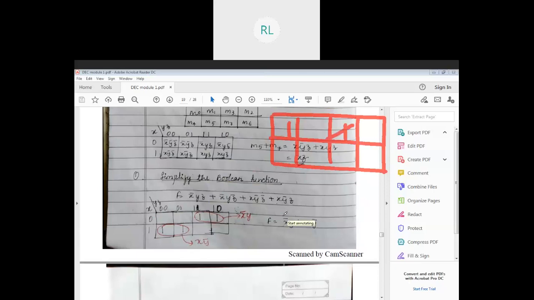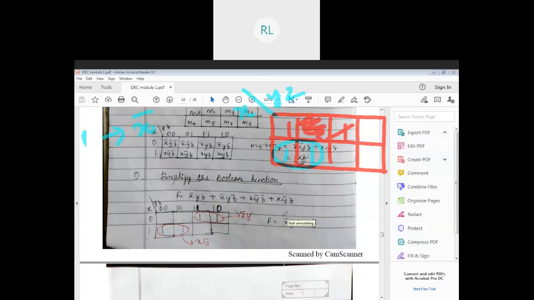Can I group them? Someone please respond. Yes, exactly. We cannot group them because they are not together. Instead of having it here, if I have it in this spot, then it is going to be easy for me. So I need to have the ones next to each other. Once I have this, I will group them.